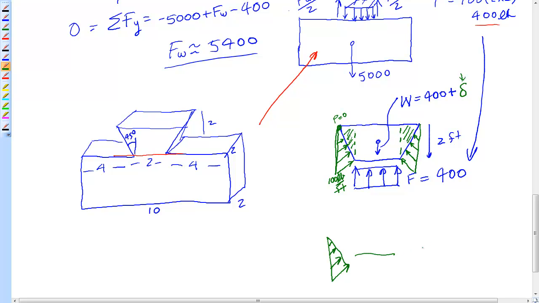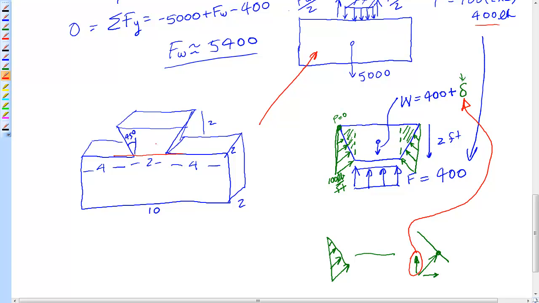First of all, this can be broken down to an equivalent load that is existing 1/3 of the distance up, and it looks like that. I contend it has a component that way, and it has a component that way. This component on both sides, if you add it up, it's the same thing as that delta.